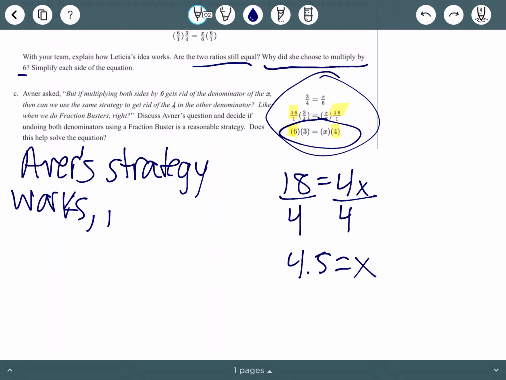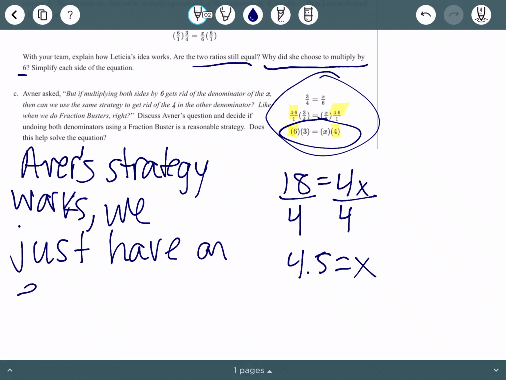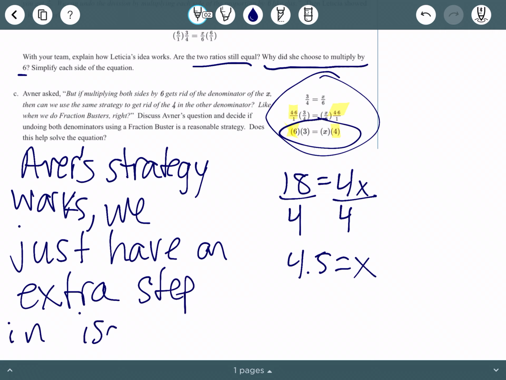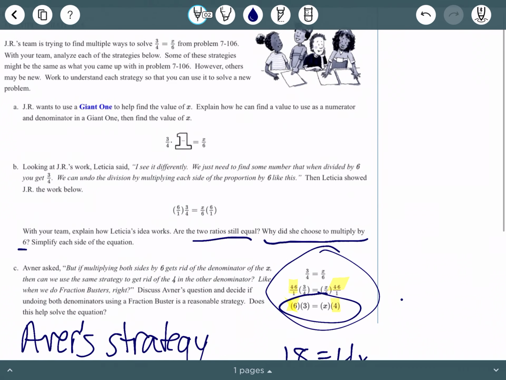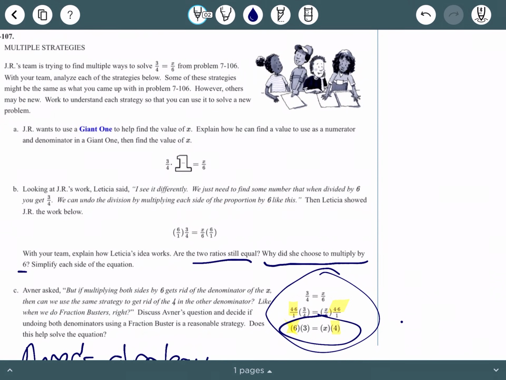We just have an extra step in isolating the x. All right, and that is all for problem 7107.